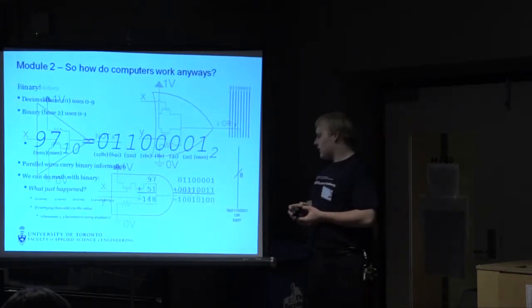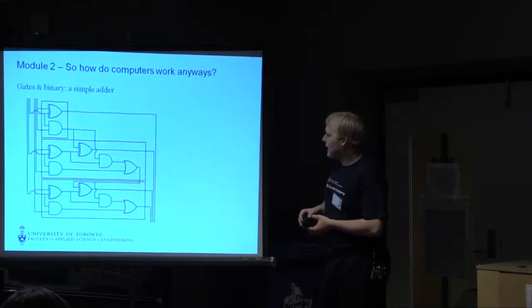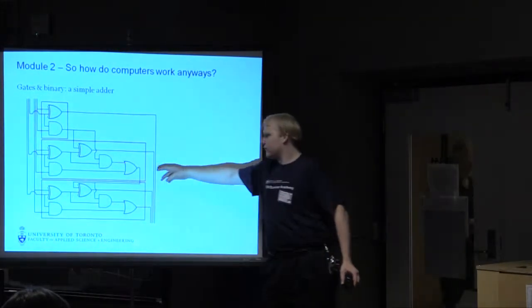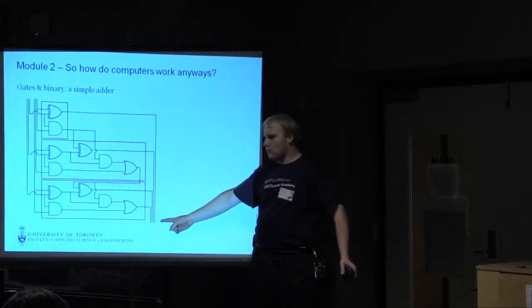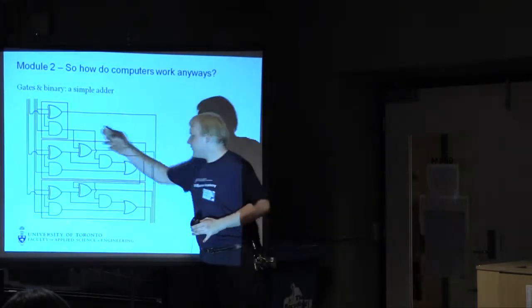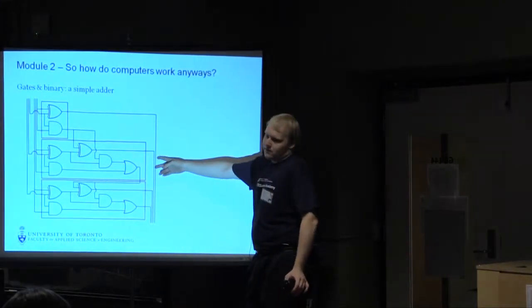We only carry if we add a 1 and a 1. So we get our carry bit by ANDing the two. If they're both 1, then we carry 1, right? And that gives our first digit of our output, which is a 4-bit number. This next bit is the same as the first, except it has to deal with that carry, right?